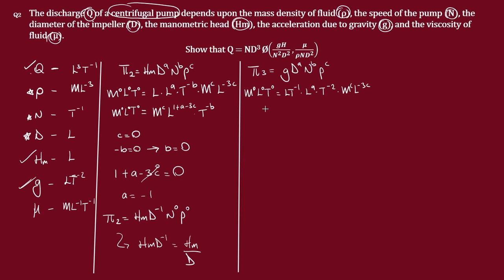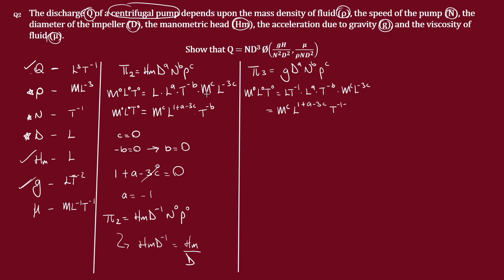Okay, so getting our equations, or simplifying this, bringing this together, that's going to be M to the c, L to the 1 plus a minus 3c. Okay, and T is going to be minus 2 minus b, because N is raised to power b.